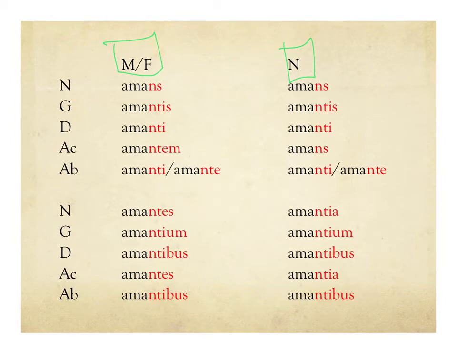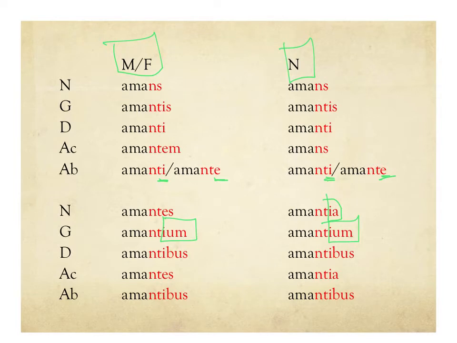And you can see that it is essentially an I stem. So we have amanti, and we also have this alternate form amante in the ablative. And you can see that we have amantia, amantium in the genitive plural, amantibus, right, in the dative and ablative plural.